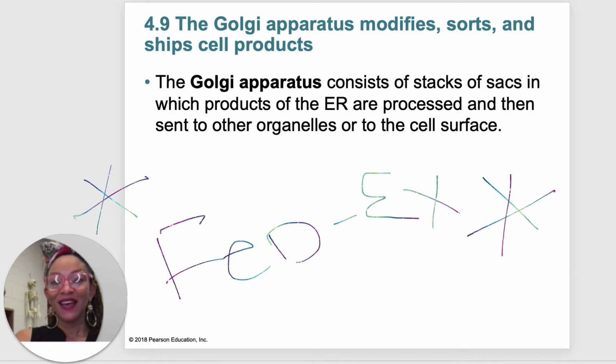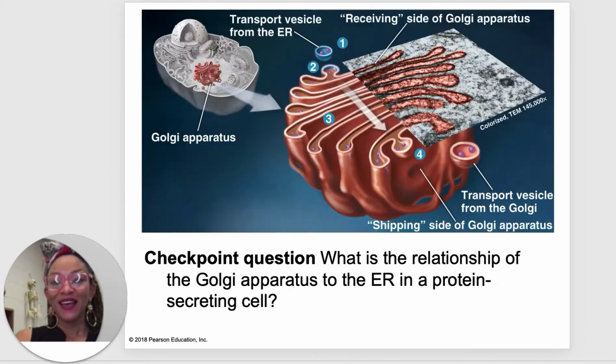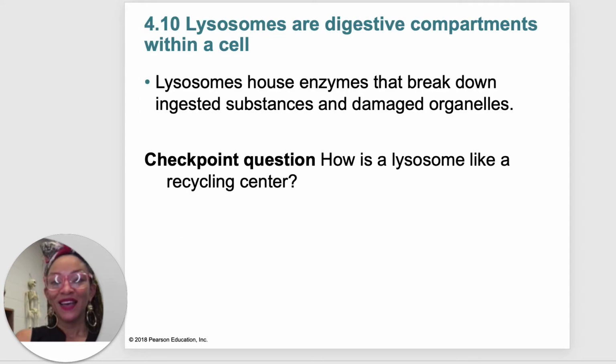If there's something that's flammable, they take it out, they modify it, and then they package it up in a box and ship it out to where it needs to go. So this is the FedEx of the cell. The Golgi do look a little bit similar to the rough and smooth ER. The only difference is that it's not directly connected to the nucleus, as the ER is. So that's a good way to tell the difference between the two.